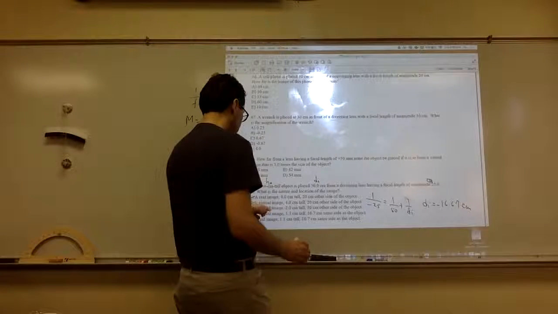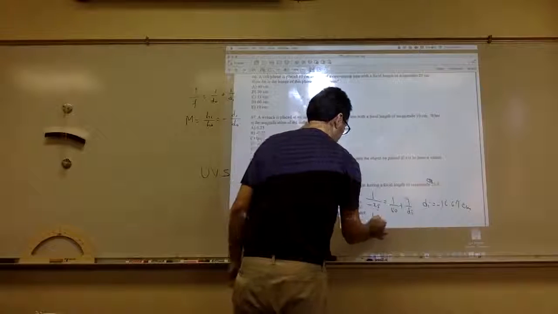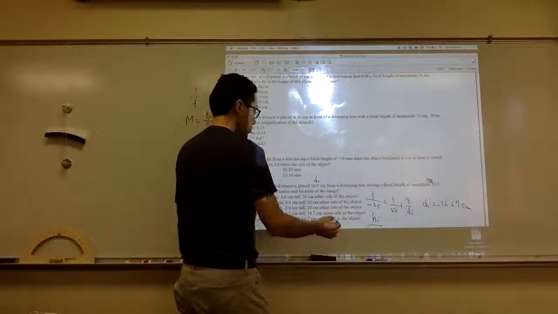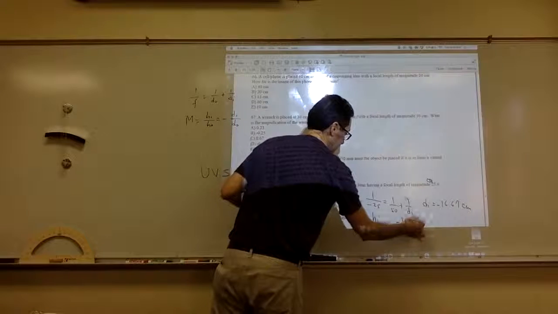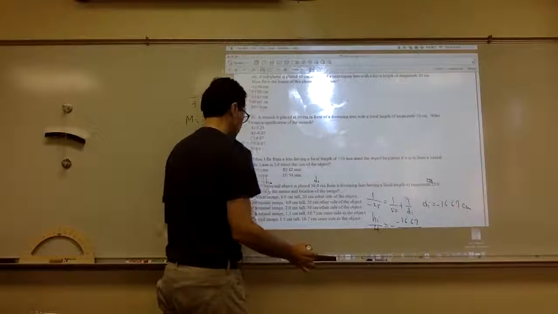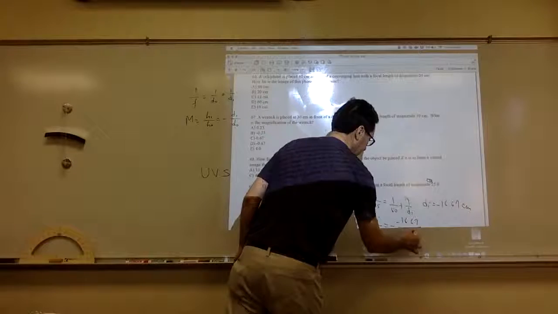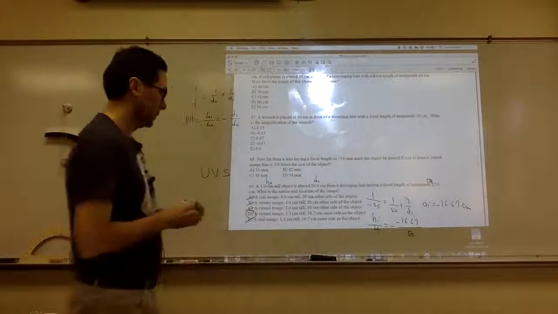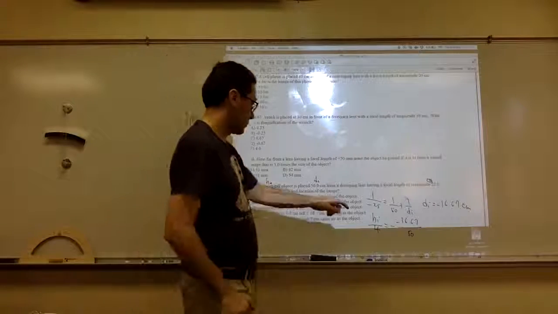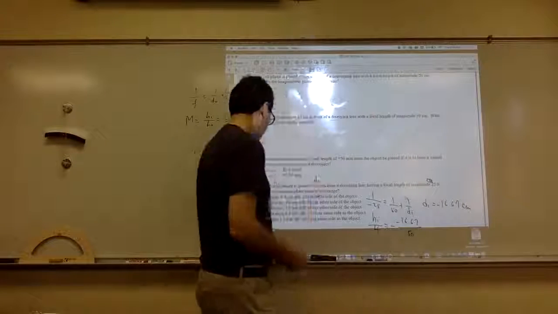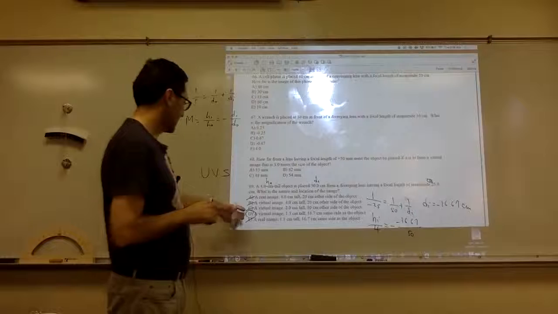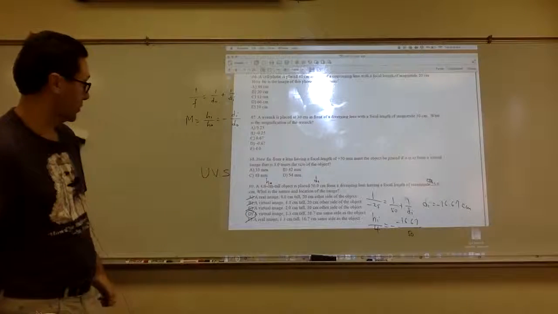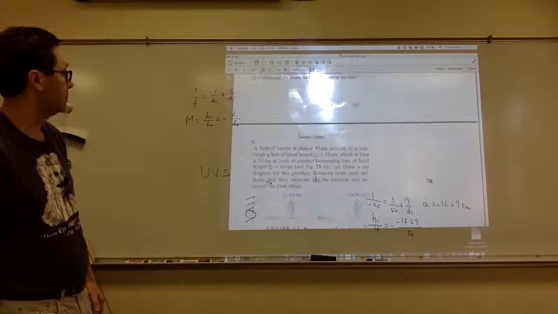And if you want to find the height of it, you do HI over HO, which is 4, equals negative DI over DO, which is 50. So this looks like it's a third, so that should be about 4/3. So it's 1.3 centimeters tall. But I think we can do this just conceptually. We don't have to do any numbers.